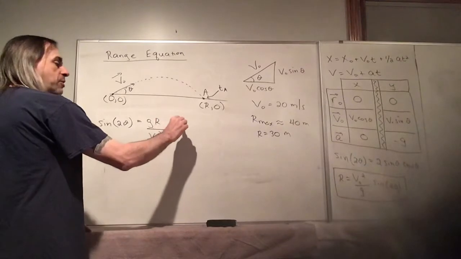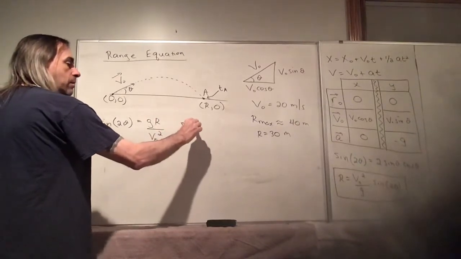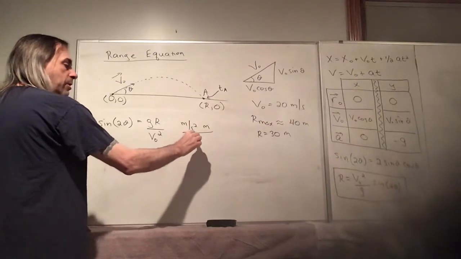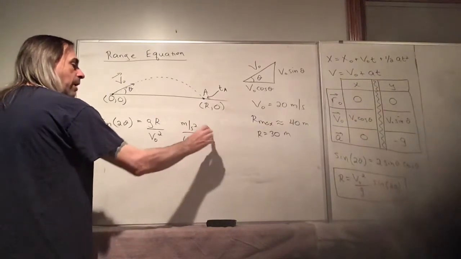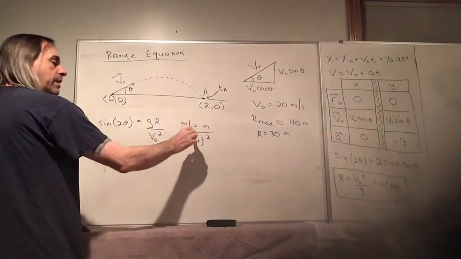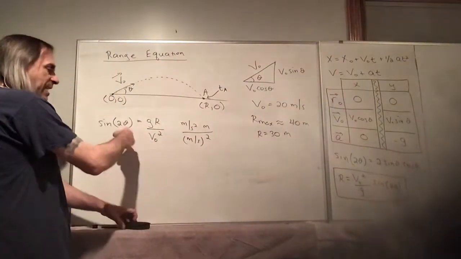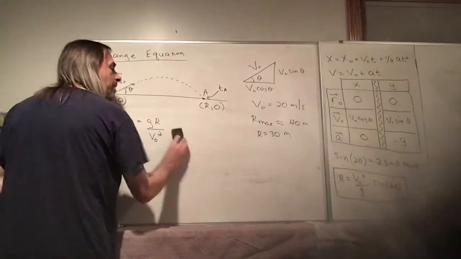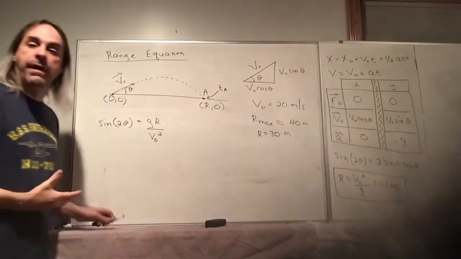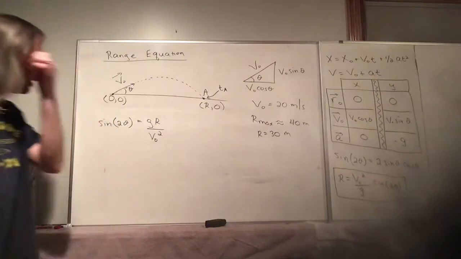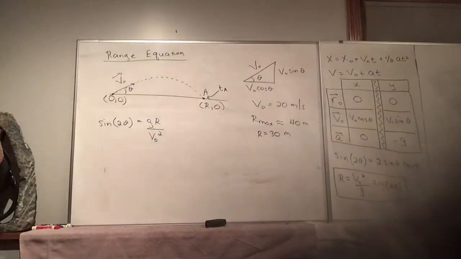Here we have meters per second squared times meters, divided by meters per second in parentheses squared. So we have meters squared per second squared and meters squared per second squared. So sine of 2 theta is just equal to a number, and it has to be that way. You can never have sine of theta equal to a meter or something. So that's a good check.